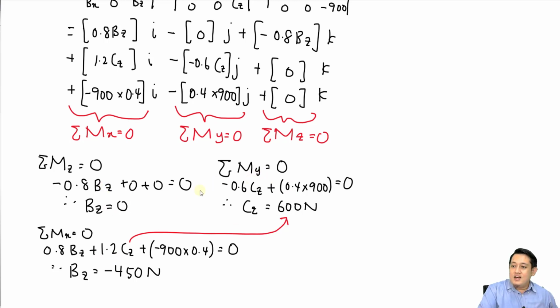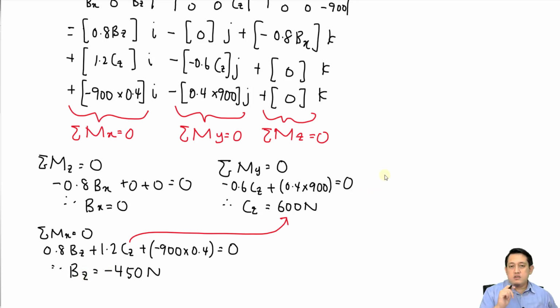This one is Bx. And also, that means this one is also wrong. Sorry, my mistake. So Bx equals 0, Cz is 600 and Bz is negative 450 Newton.